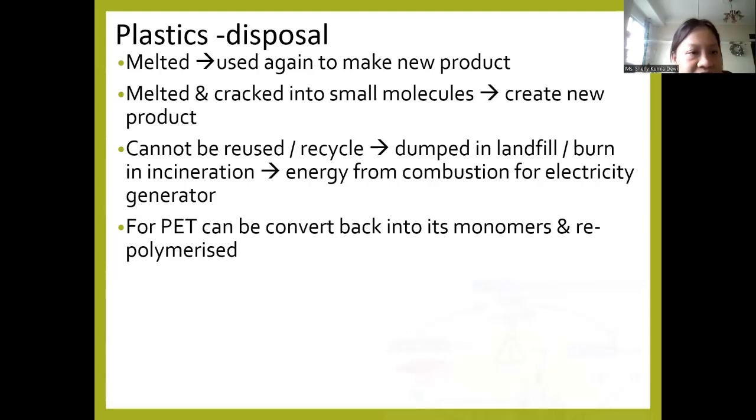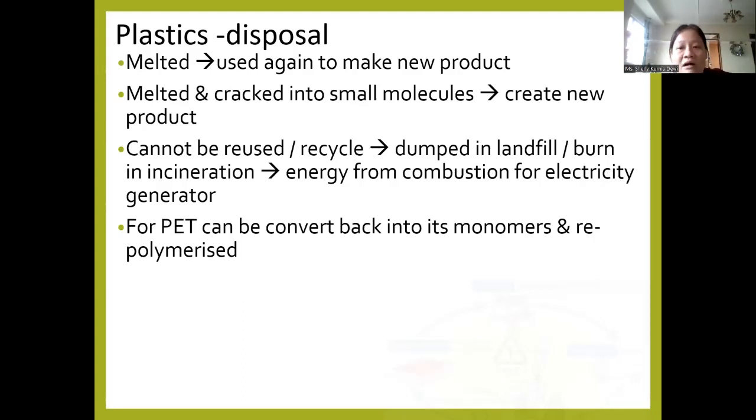In some cases the plastic will be melted and cracked into small molecules to create new products. Or if it cannot be reused or recycled, it will be dumped in a landfill or burned in an incinerator.